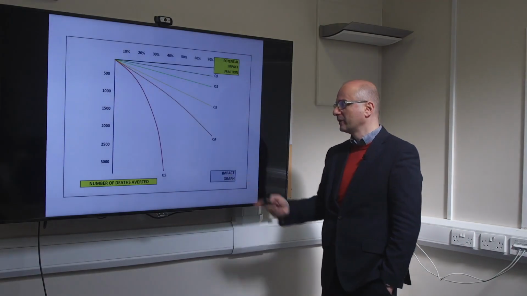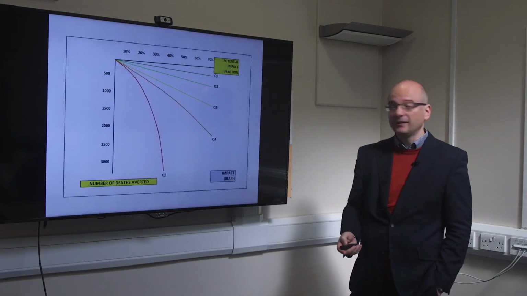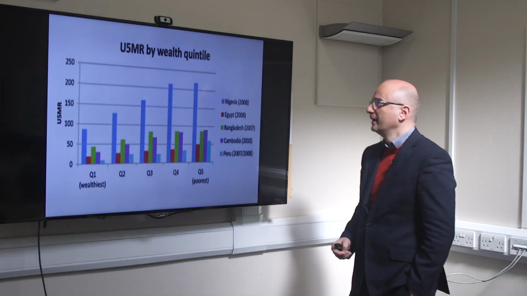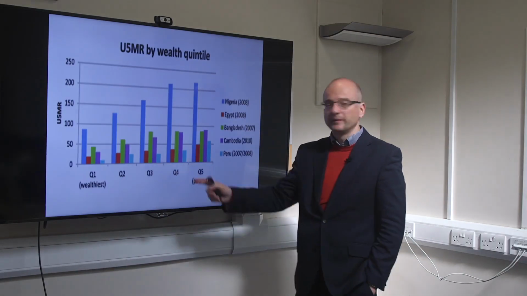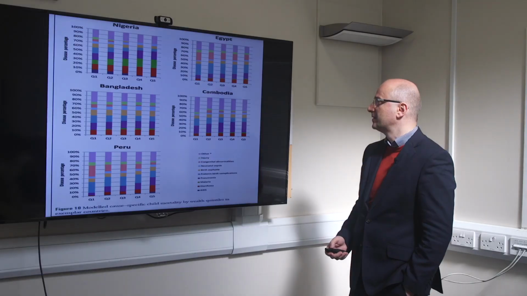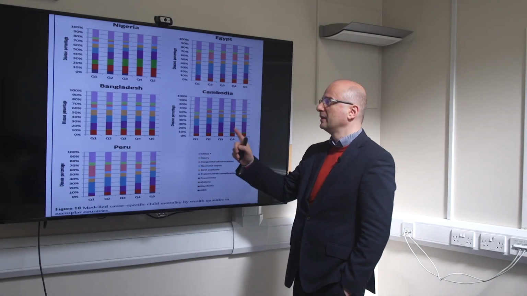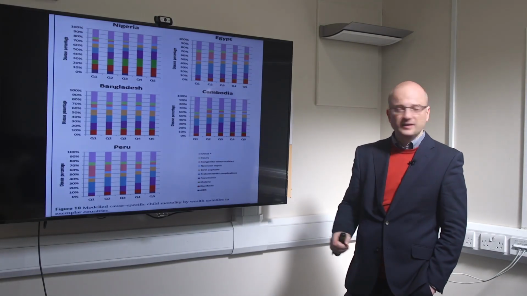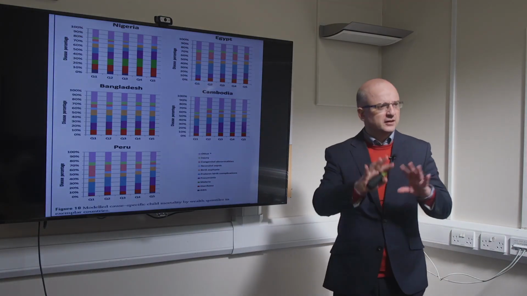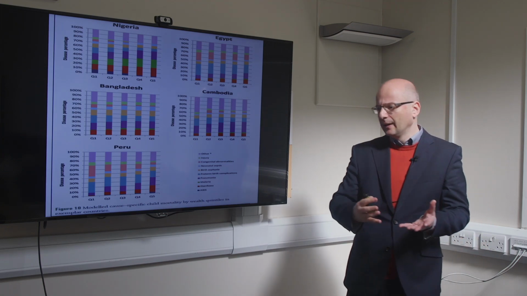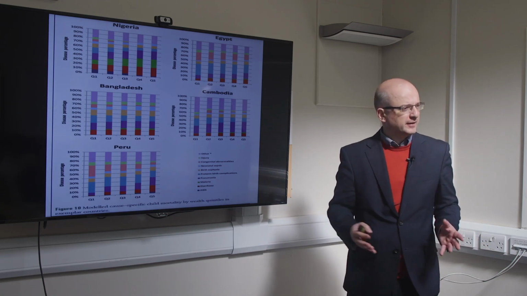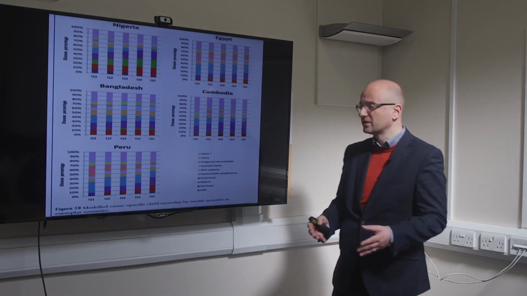And then we moved towards this, and here what we needed was the difference in burden. And this is the difference in burden, again, under 5 mortality rate by wealth quintile, which we had, but we needed pneumonia, right? So we needed to partition the burden in each of these countries, and this is what we've done based on the CHIRG's assessment of regional and national level causes of death, which they did luckily.